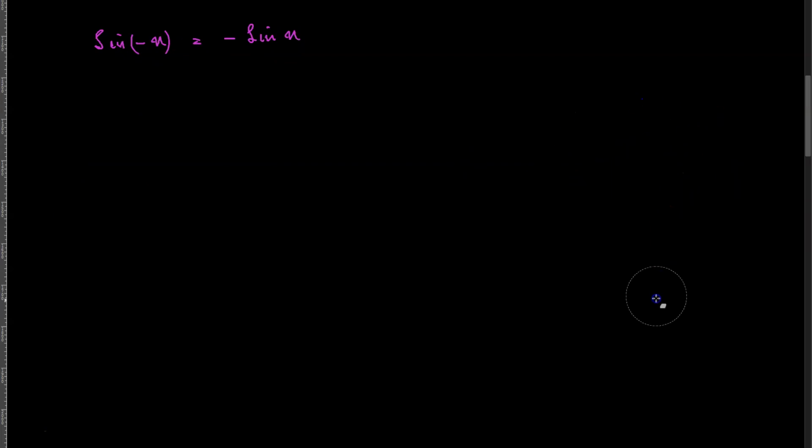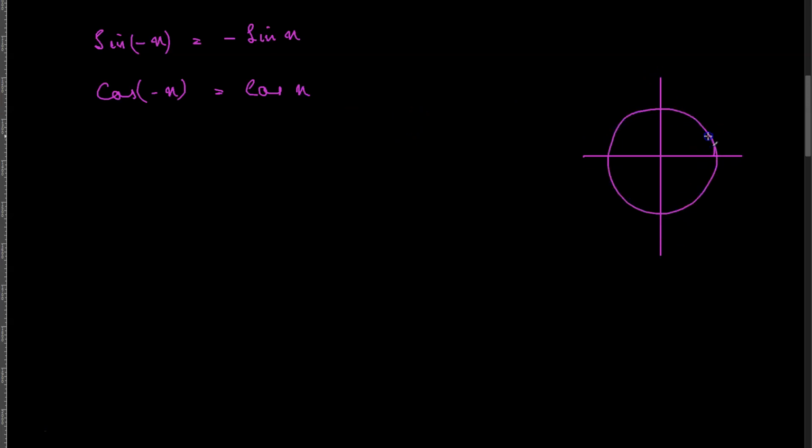Next, what we have is the cos of negative x is equal to cos x. And the reason for that is that if you have a unit circle here, and suppose that you have some angle over here, if I take this as x and this angle as negative x, then the cos of this angle x is going to be this distance on the horizontal axis.